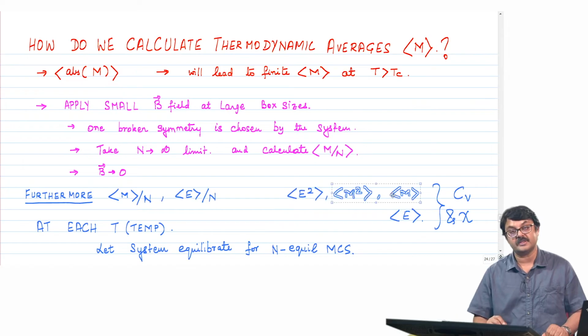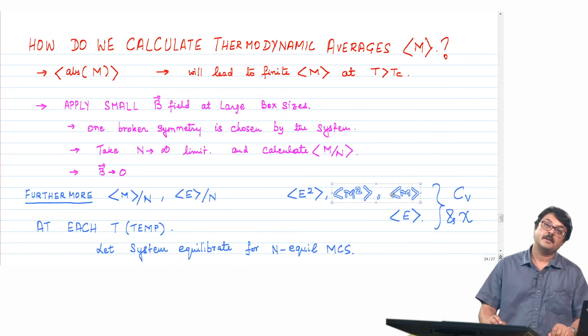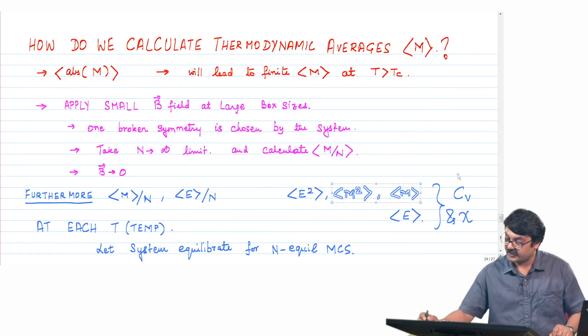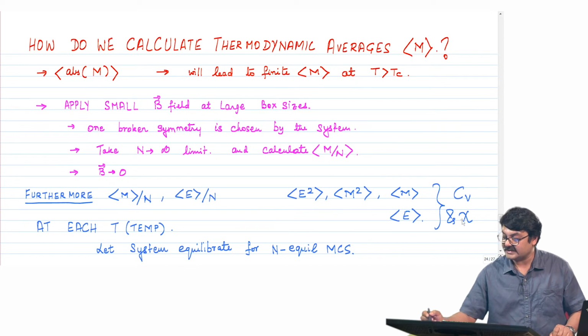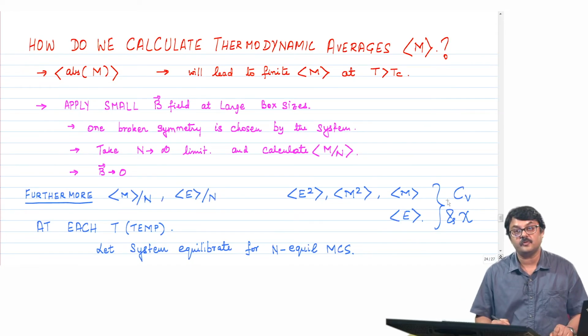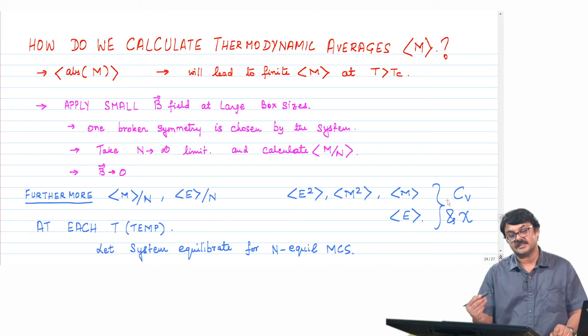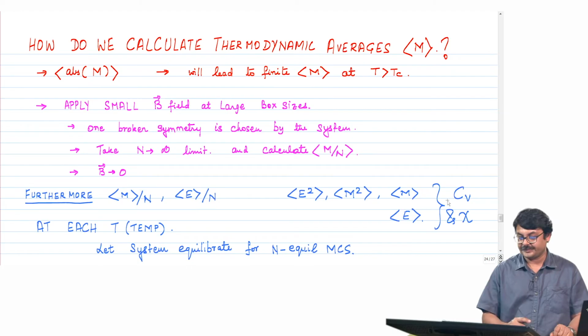We shall need these quantities, as we discussed in one of our previous lectures, to calculate the specific heat capacity and the magnetic susceptibility of the system, and these quantities shall prove very useful to understand how the transition temperature itself changes with the box size.